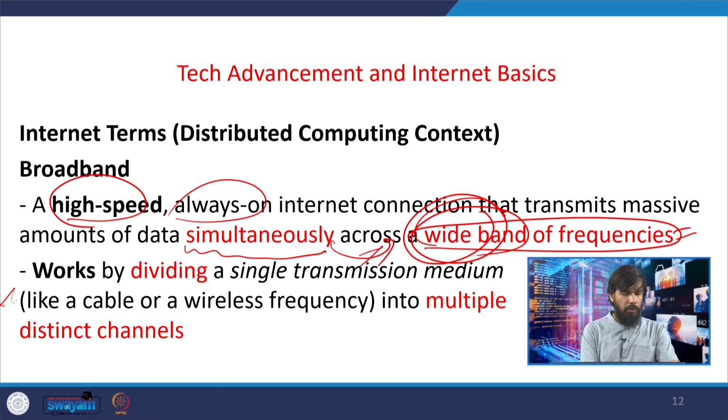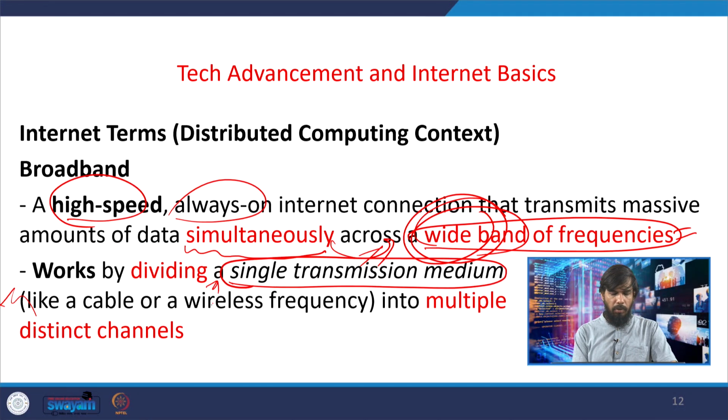So, how does it work? It works by dividing a single transmission medium. This transmission medium can be any of the delivery technologies that we will be talking about later. A few of them we have touched upon.